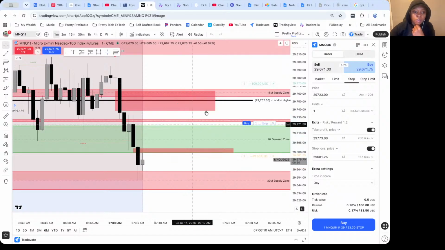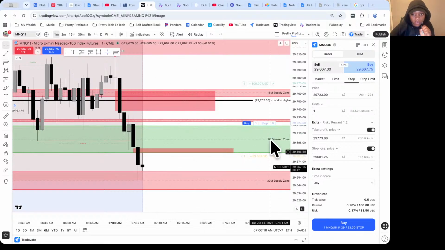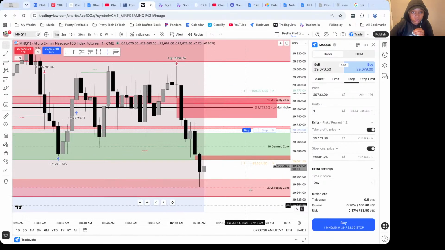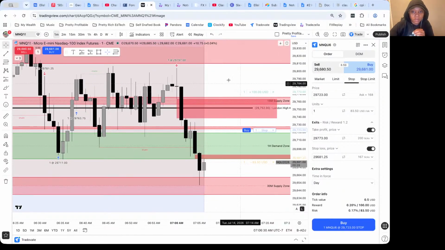So I could take that off. I was focused on this 1 minute demand zone, but when I'm asking my mentor, let me show her. So I'm going to take a picture of this.